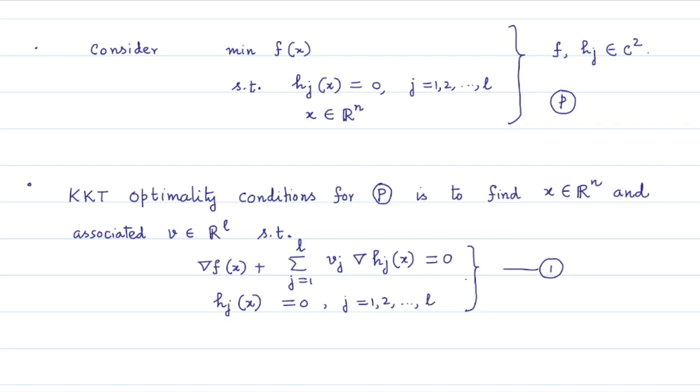To find a solution to system 1, we notice that this is a system of nonlinear equations, right? And therefore we can employ any of the root finding methods to find a root of a nonlinear system of equations. An obvious choice is the Newton-Raphson method, one of the fastest known methods to find a root of a system of nonlinear equations.